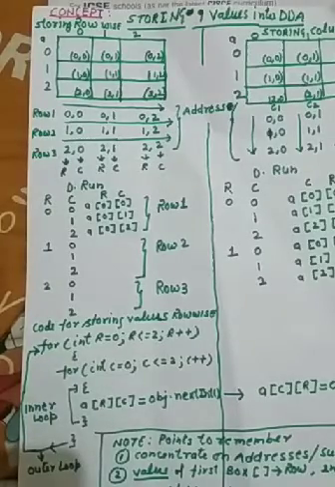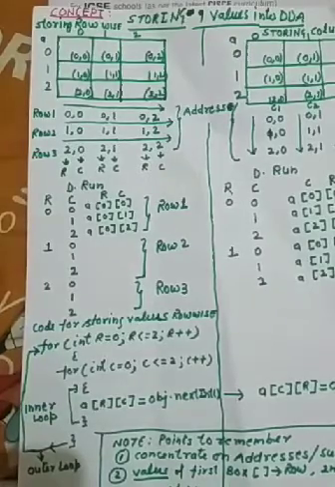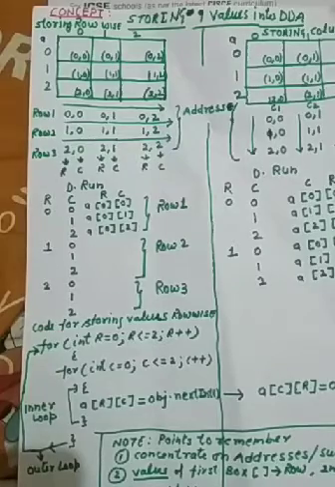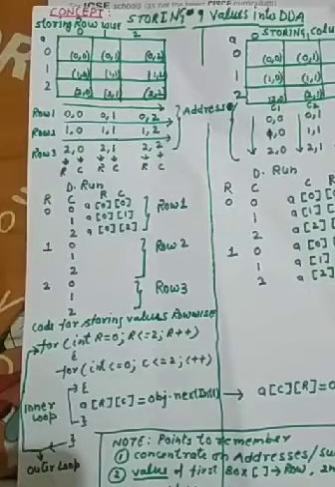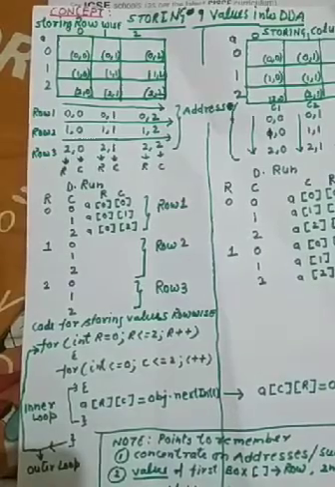Students, in this video I am telling you the concept for storing values into double dimension arrays. There are two ways. One is storing values row wise and the second is storing values column wise.